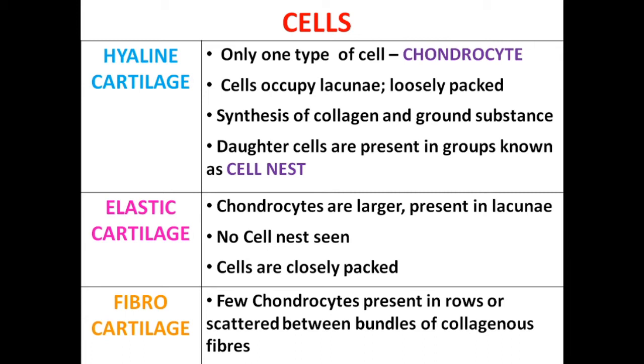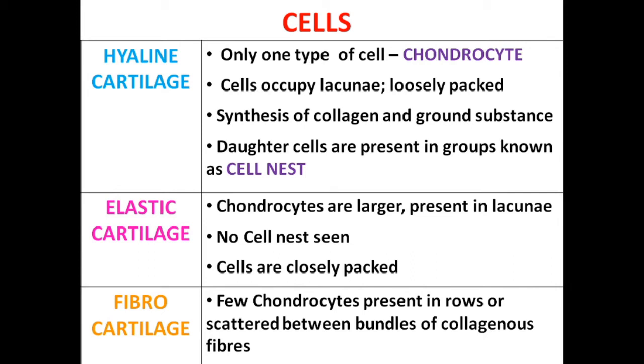So the only type of cells present are the chondrocytes. They are occupying the lacunae. They synthesize collagen and the ground substance of the hyaline cartilage, and when they divide, the daughter cells remain together within the lacunae. That grouping of the daughter cells is called the cell nest. In elastic cartilage, again the chondrocytes are present, but they are larger as compared to those of the hyaline cartilage.